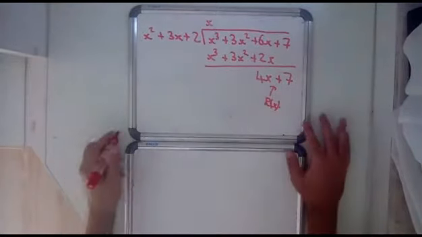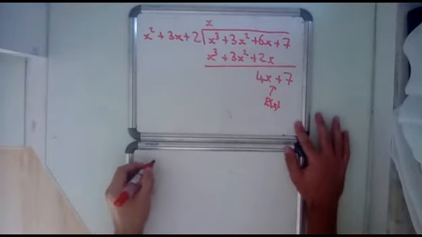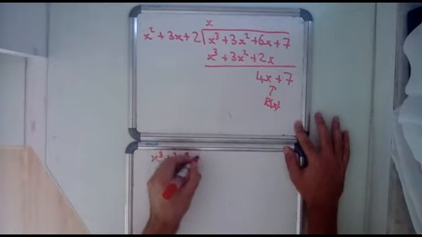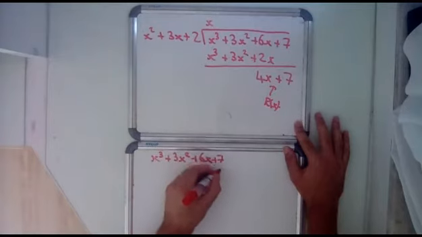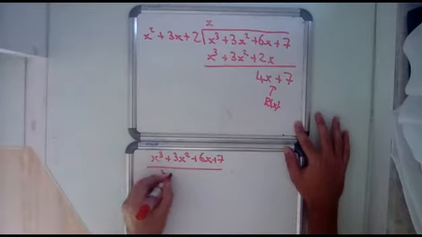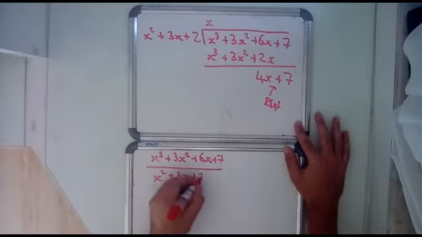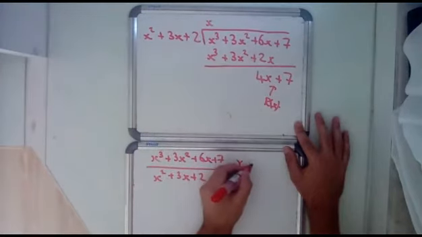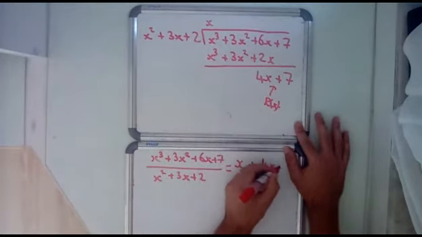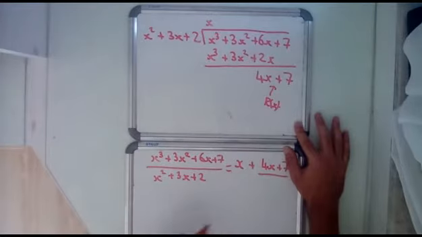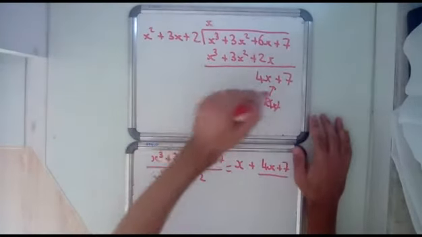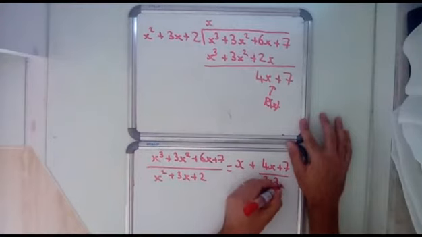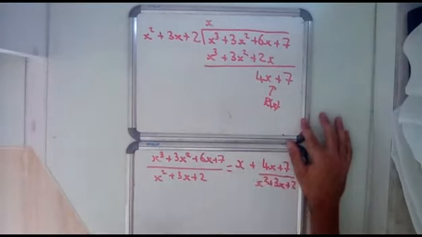So that is telling us that (x³ + 3x² + 6x + 7) divided by (x² + 3x + 2) equals the quotient, x, plus the remainder over the divisor, (4x + 7) over (x² + 3x + 2).